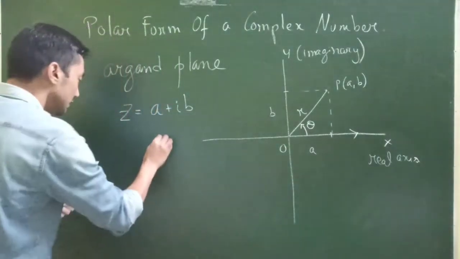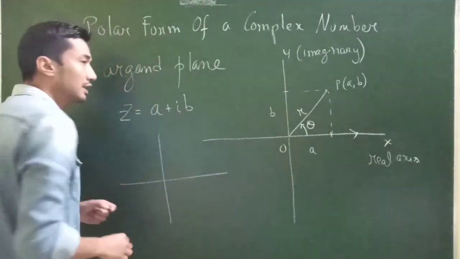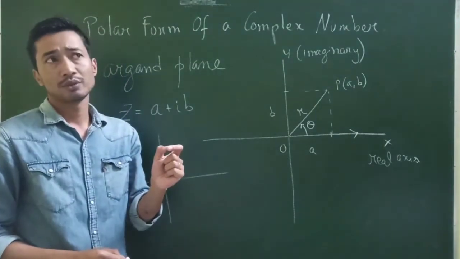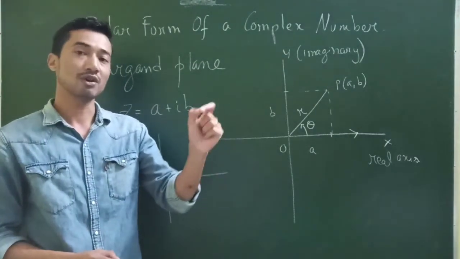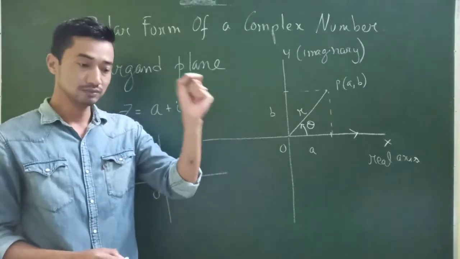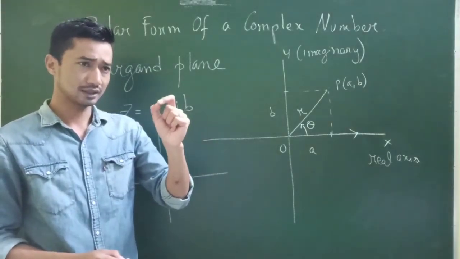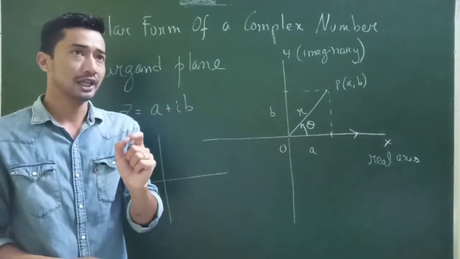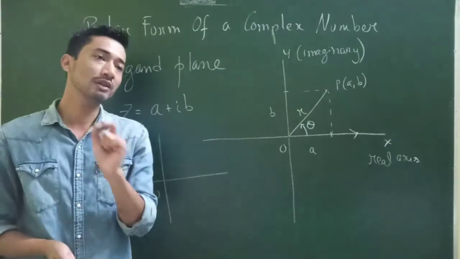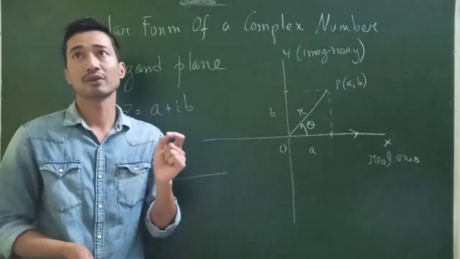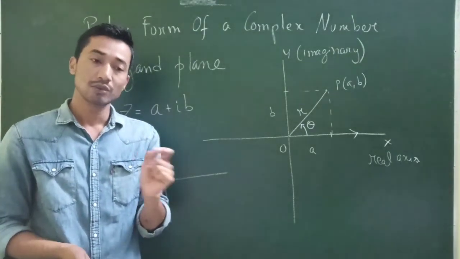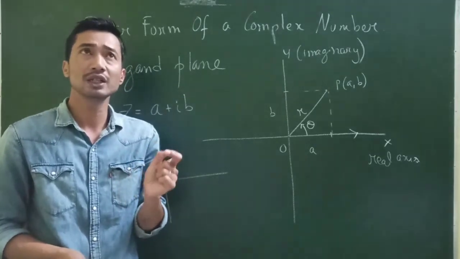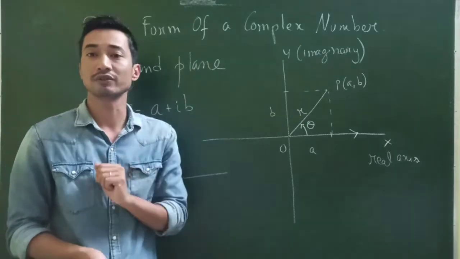For example, if there is a point P located 5 units from the origin, making an angle of 45 degrees with the positive direction of the x-axis.